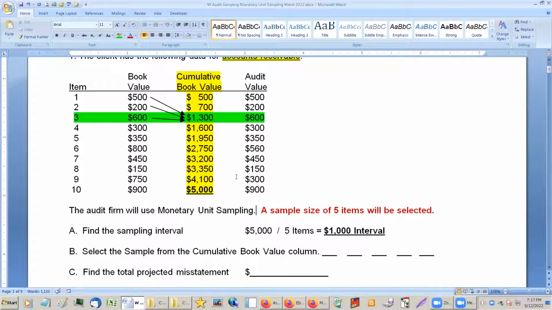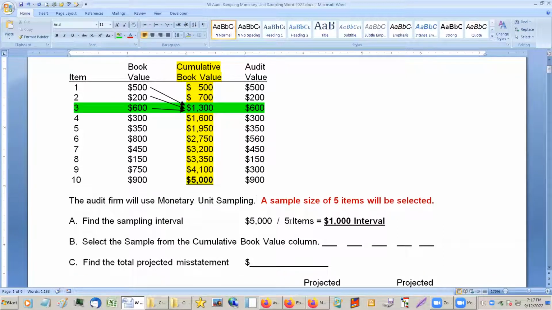So the first item that we're going to pick is number 3.